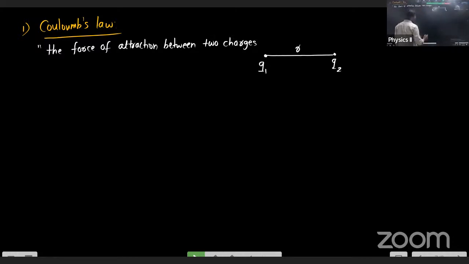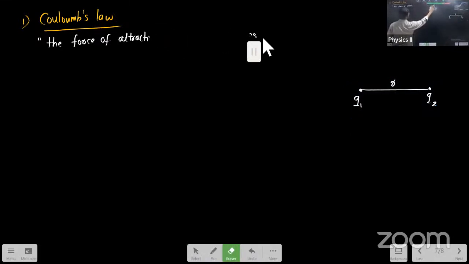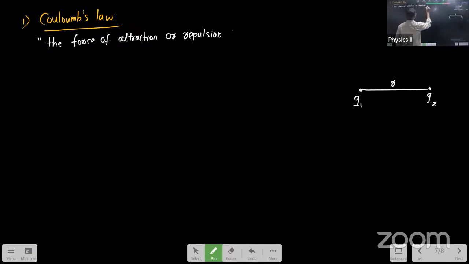Or you can also write just force, because there is a possibility of attraction as well as repulsion. So I can write the force of attraction or repulsion between two charges, whether the charges are moving or at rest. Between two charges at rest.